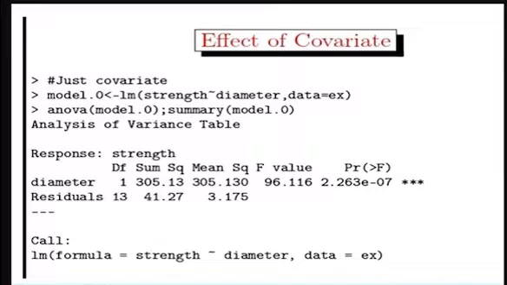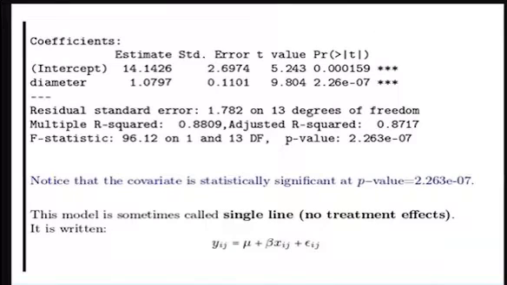We can also go by way of performing a simple linear regression on the response variable strength and diameter. If you take a look at the p-value, you will see there exists a significant relationship, which means the covariate actually has a significant contribution to the response.